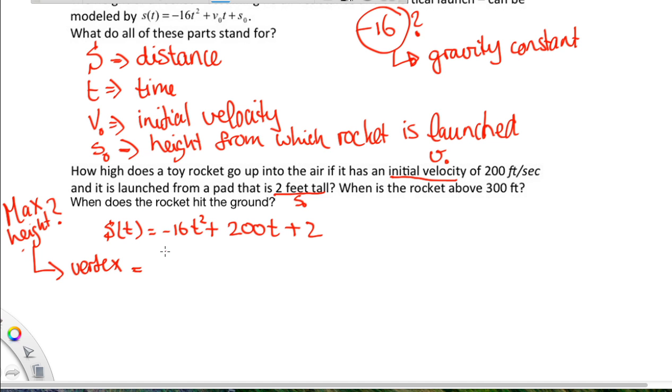Okay, the vertex is negative b over 2a, which in this case is negative 200, because that's b, divided by 2 times the negative 16. And that will be something you get to use a calculator on. These word problems are calculator based, so we would use calculators for this.